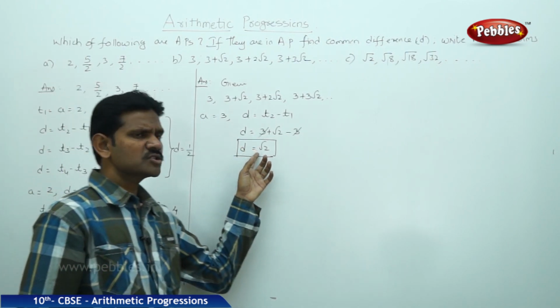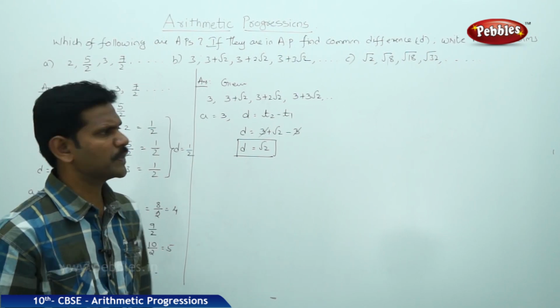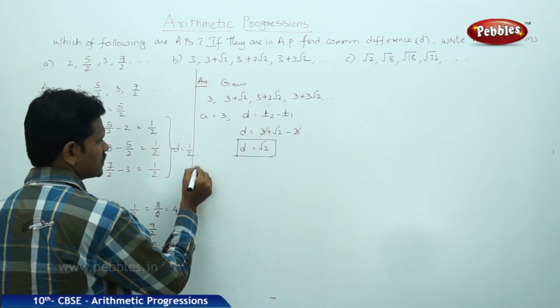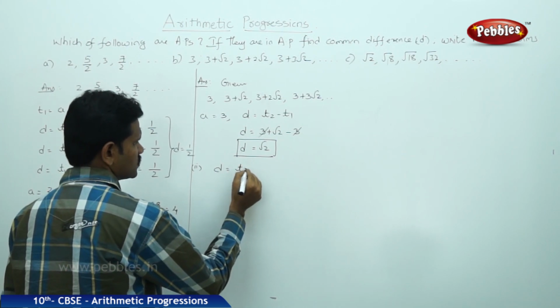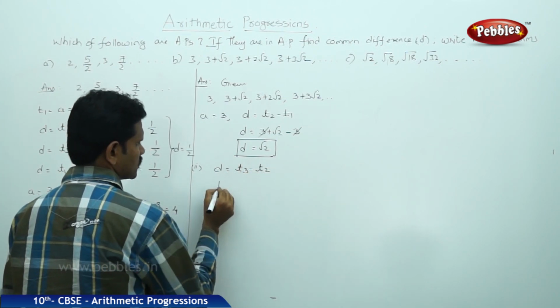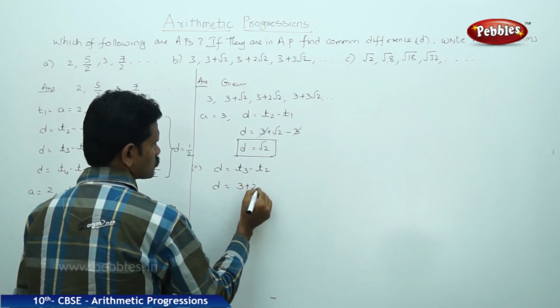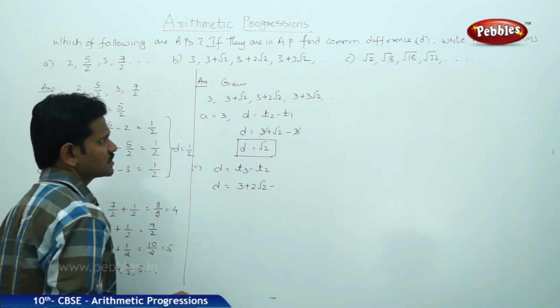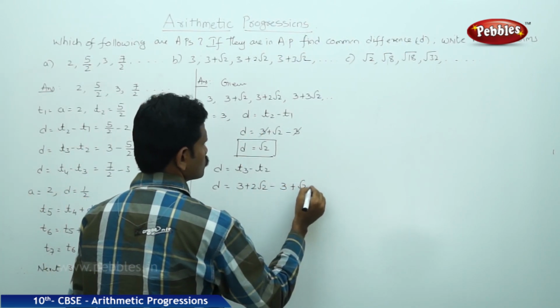If it maintains constant throughout the question, we can conclude that this is in AP. Now come to second case. D is equal to T3 minus T2. That is, D is equal to T3, nothing but 3 plus 2 root 2, minus T2, nothing but 3 plus root 2.